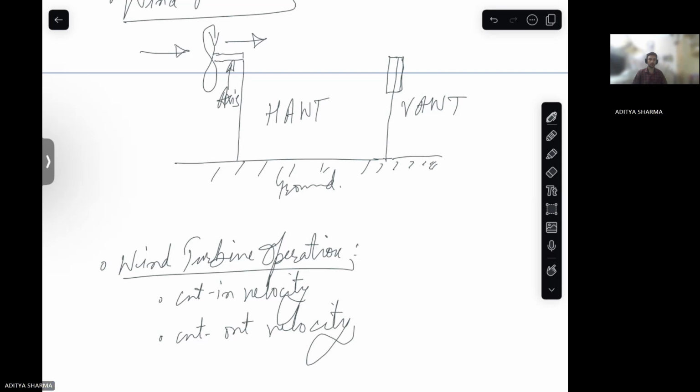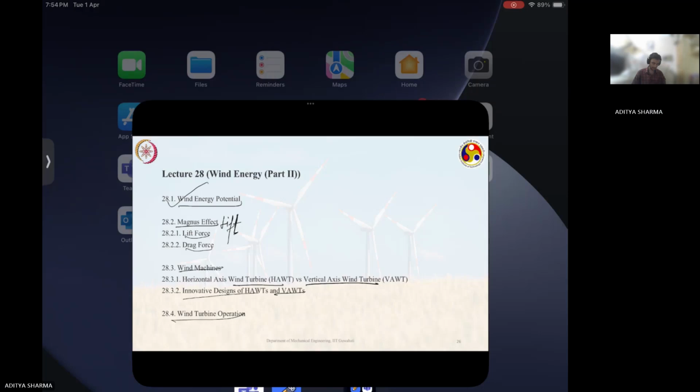Otherwise, this can damage the wind turbine, as there will be loads on the wind turbine that it might not be able to withstand. So this was it about question number 28.